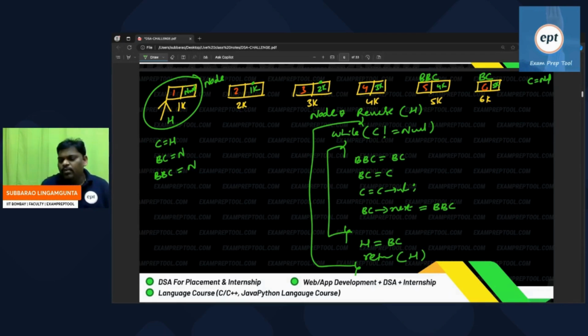So take three variables. One person contains current node. One person contains before current. One more person is before current. Three people you take. The person who is going in the forward direction is this person. Out of these three friends, all three will be side by side.